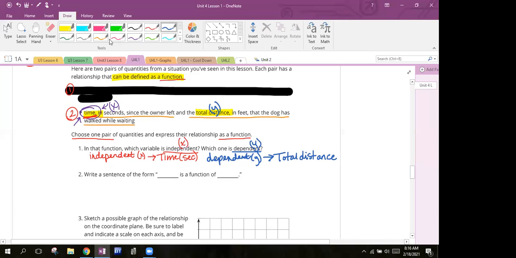Now that we have our independent and dependent variables, we can write it in that sentence form that we talked about in that last activity. So it tells us blank is a function of blank. Now, when we see it written like this, which variable always comes first?